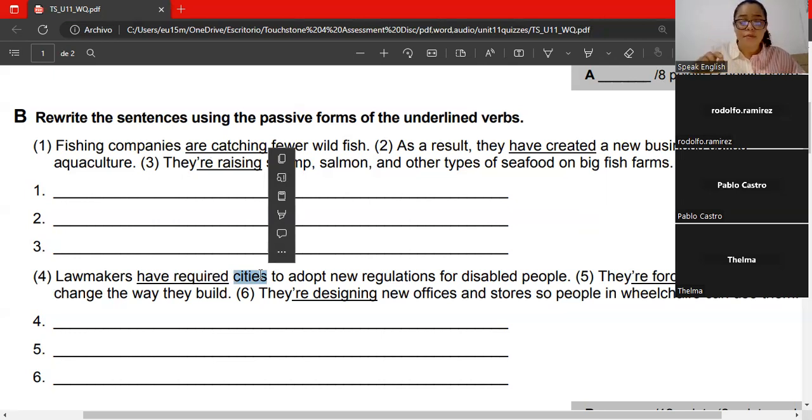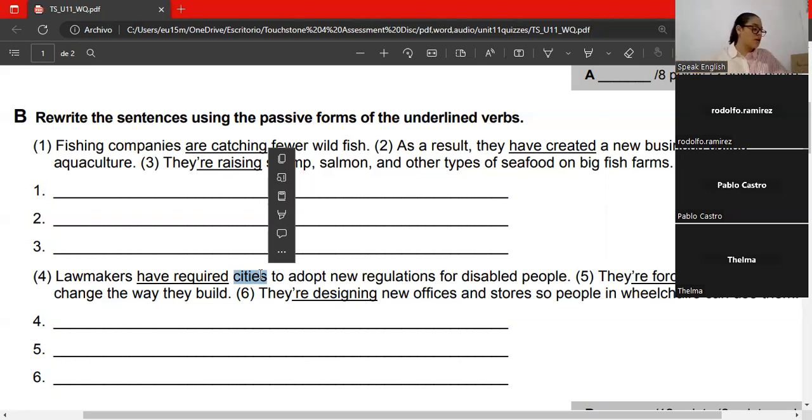To adopt is a verb. This is important and this is for everybody, not only for Pablo. El object siempre va a ser, ya sea una persona, una cosa, una ciudad, ¿ok? Pero nunca puede ser un verbo. Los objects siempre son nouns o pronouns. ¿Cuáles son los nouns?